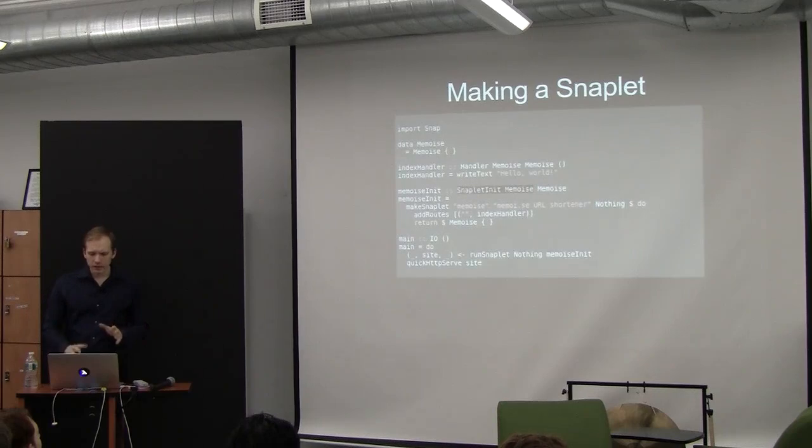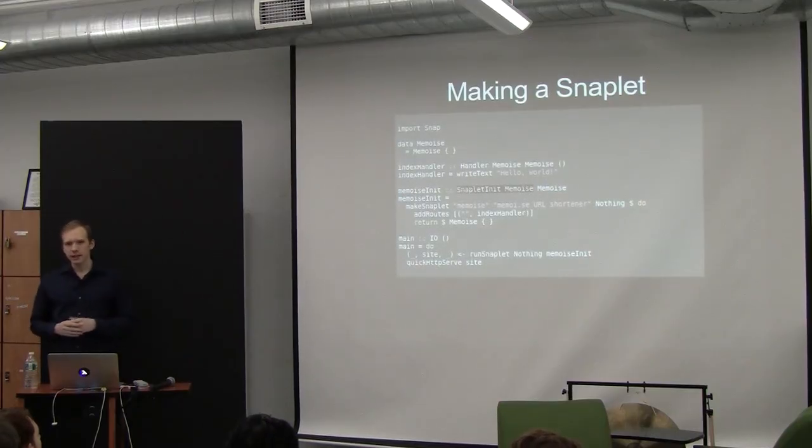So the next thing that we're going to need to do is make an initializer for it. This is another kind of action. It's not responding to a web request. It's just doing the initialization of the snaplet. And so Snaplet init is a kind of action that is designed to initialize a snaplet. Now, this is parameterized by the kind of snaplet that we're building.